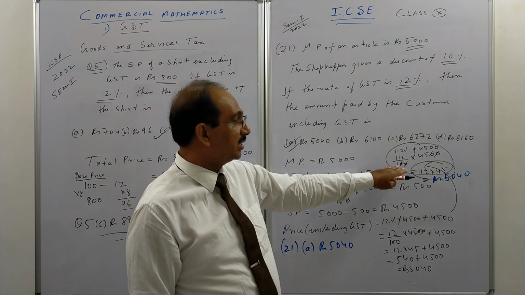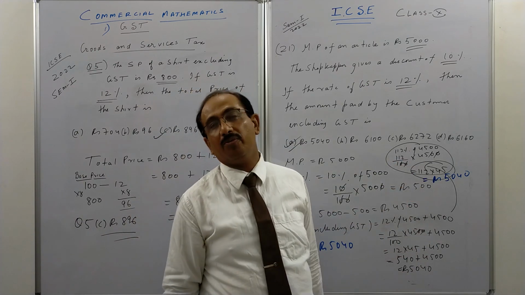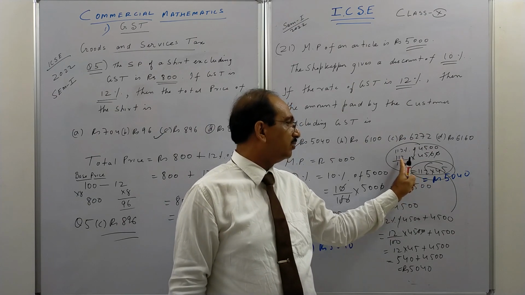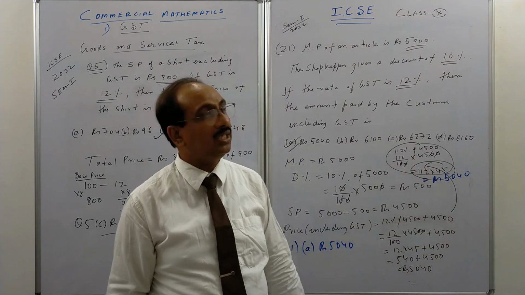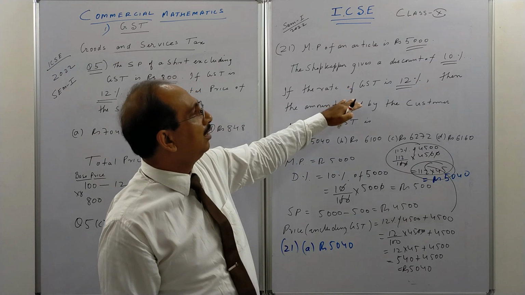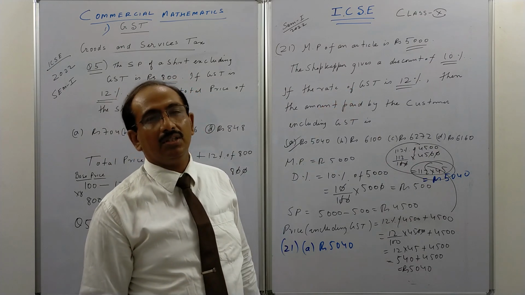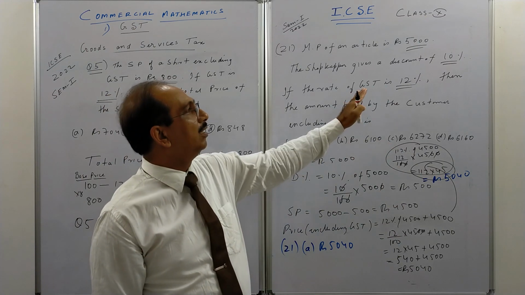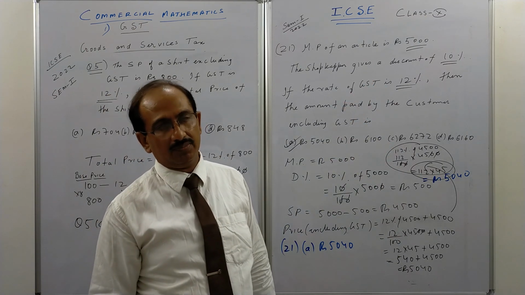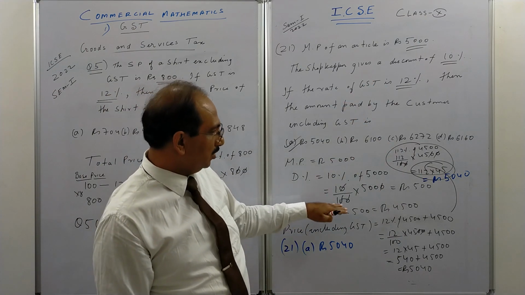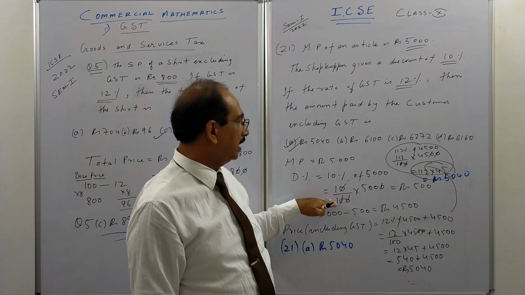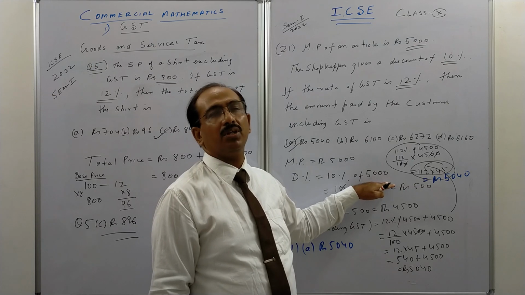In fact, if you are using a calculator, you can use 1.12 because 2 decimal places it comes. So if you want to calculate fast, 1.12 of 4500, and when you want to find the discount, there we have to do 90% of the cost, 0.9 of 5000, 10% less. So you could have directly got 4500 by 90% of 5000.